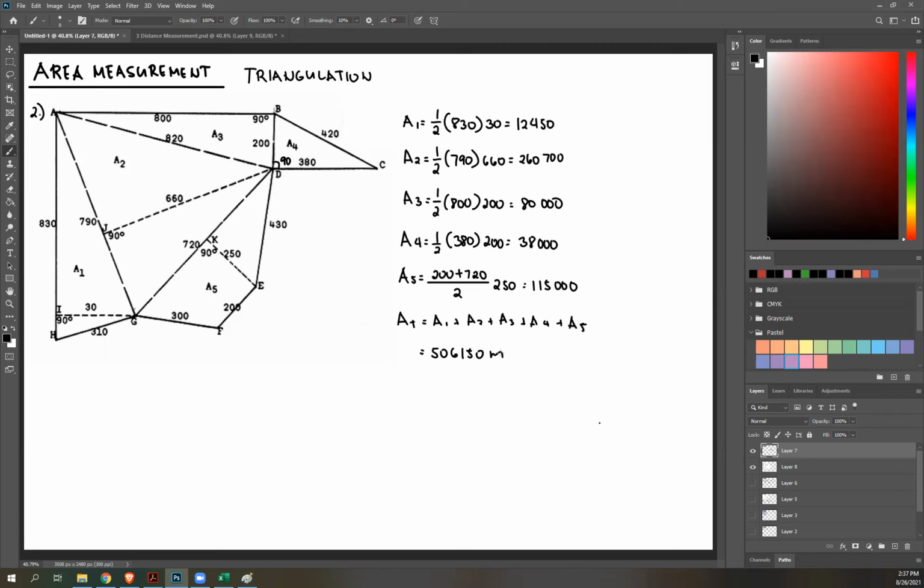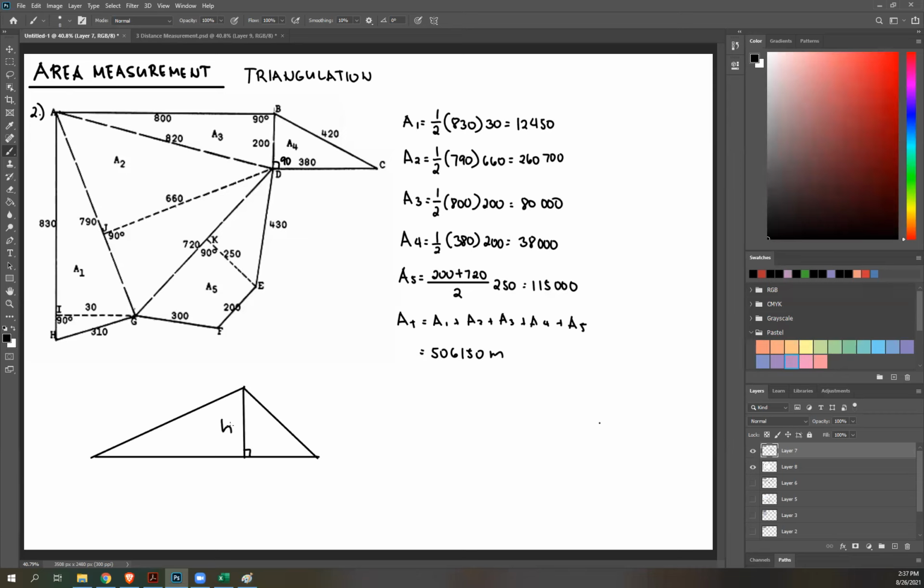Hmm? Triangle HGI. HGI here. Okay. HGI is already included in this total triangle. That's already in your area 1. Okay. So it looks like this. This is the height.